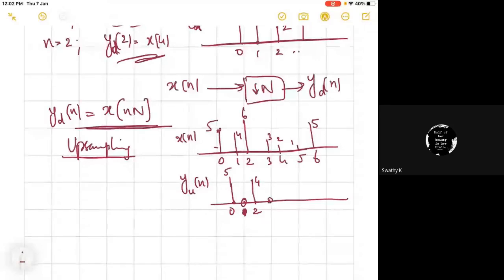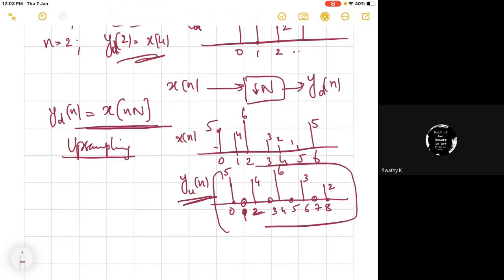Intermediate values are not there. Then here you have a 6, here again 0, here again you have 3, again 0 here, and at the point 4 you have the magnitude 2. So this is the upsampled version of x of n.